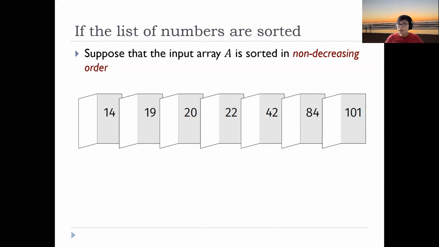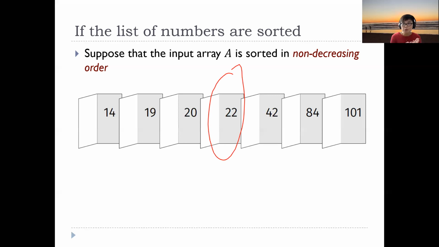So if you have this extra bit of information, now let's say I open the fourth door, and I see that it's 22 here. Since you know that the numbers are sorted, where can 42 be? Well, you know 42 is bigger than 22.